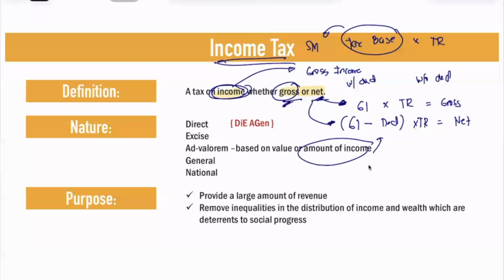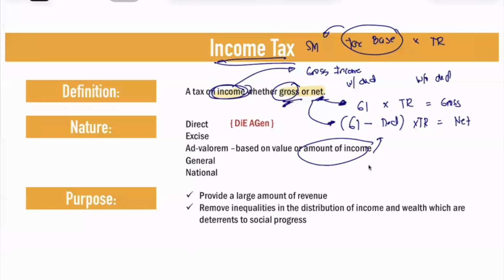Okay. Next, it is general. Why is it general? When we say general tax, this is in accordance with whether the purpose of taxation is either primary or secondary. So when we say the purpose is general, it means that the income tax is for revenue raising purposes.